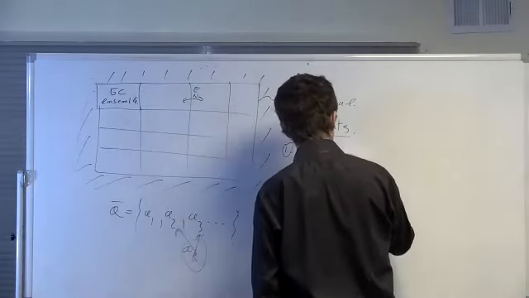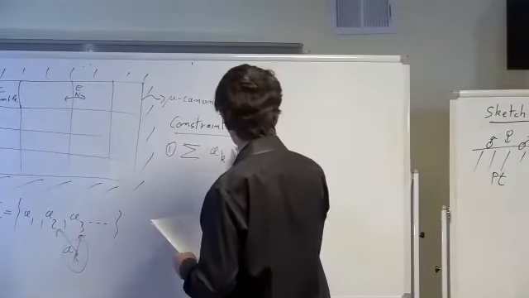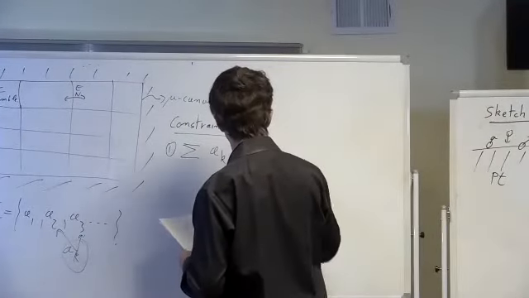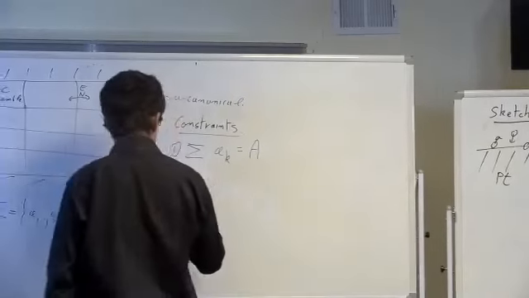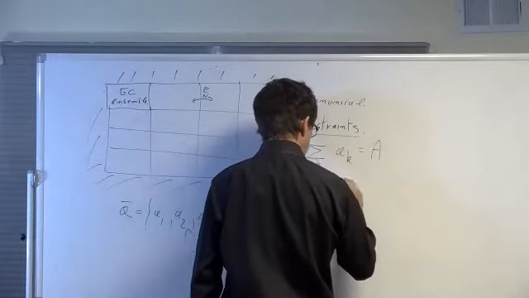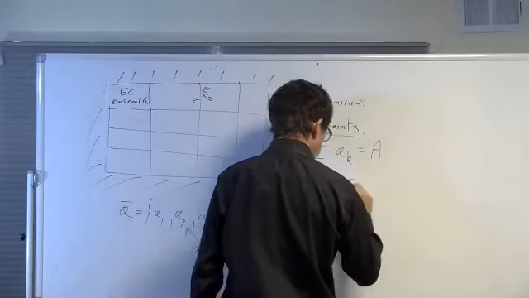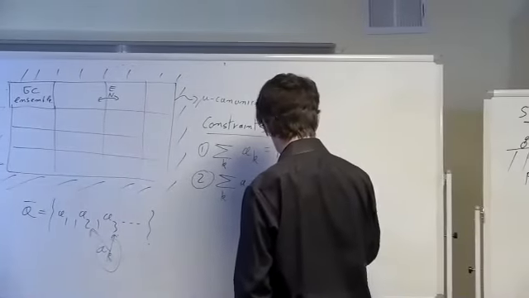Okay, trivial constraint: the sum over the number of replicas is some number A. I also need a constraint on the energy. So the sum over K of A_K times the energy of the replica has to equal the total energy.